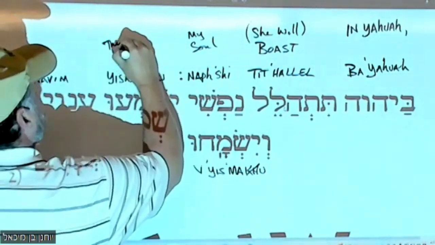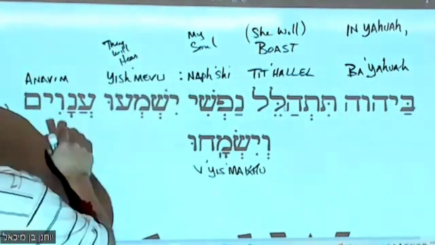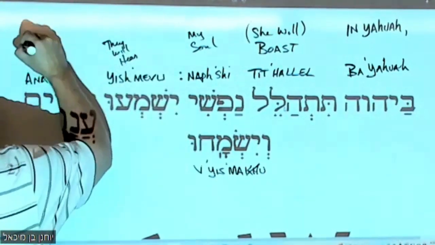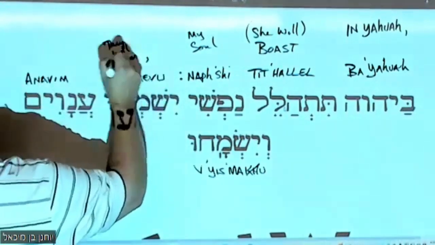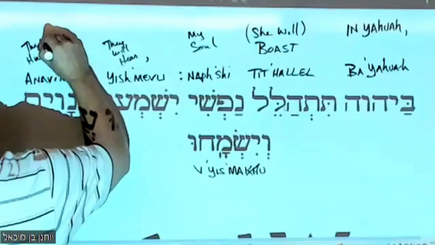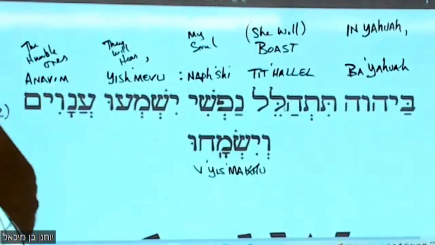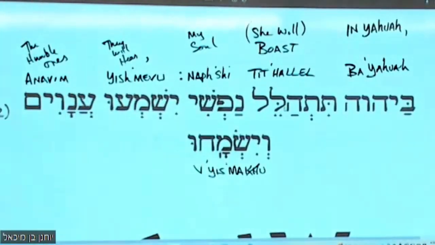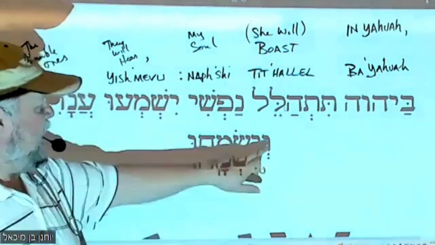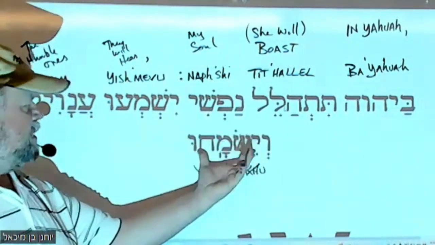They will hear. Who's going to hear? The Anavim, right? All right, so the humble ones are going to hear, right? They're going to hear, and then what's going to happen? And they will.